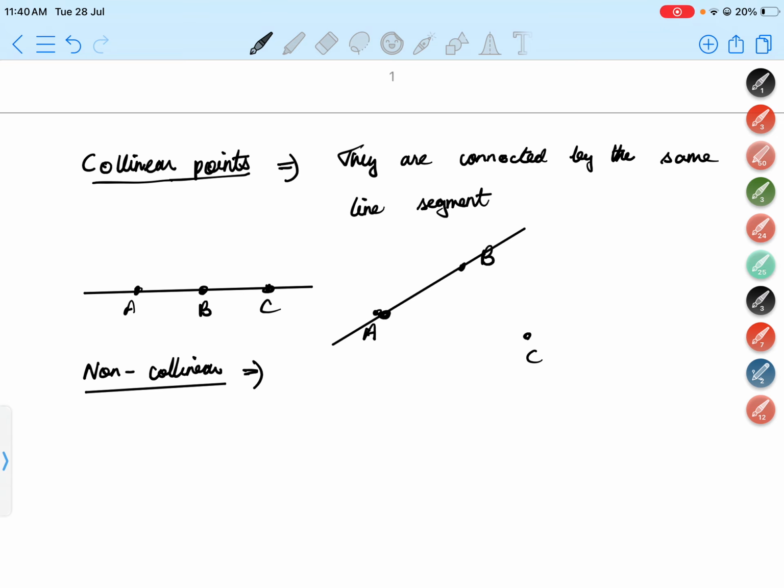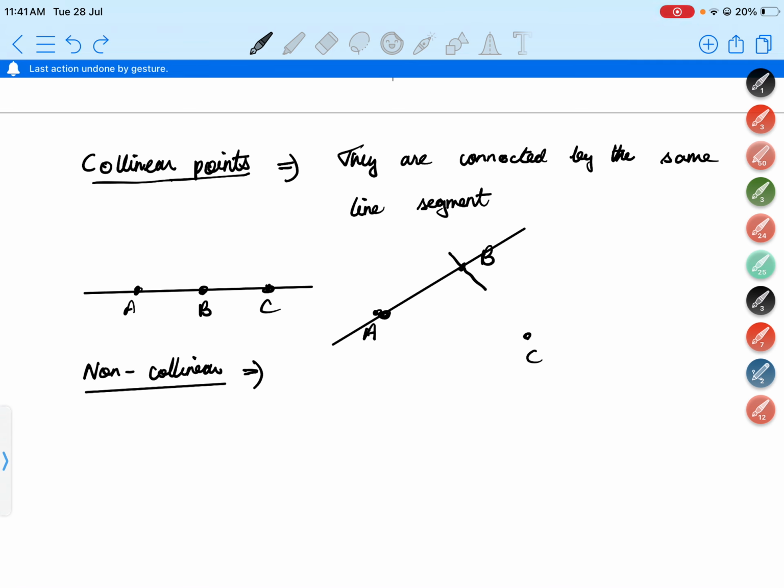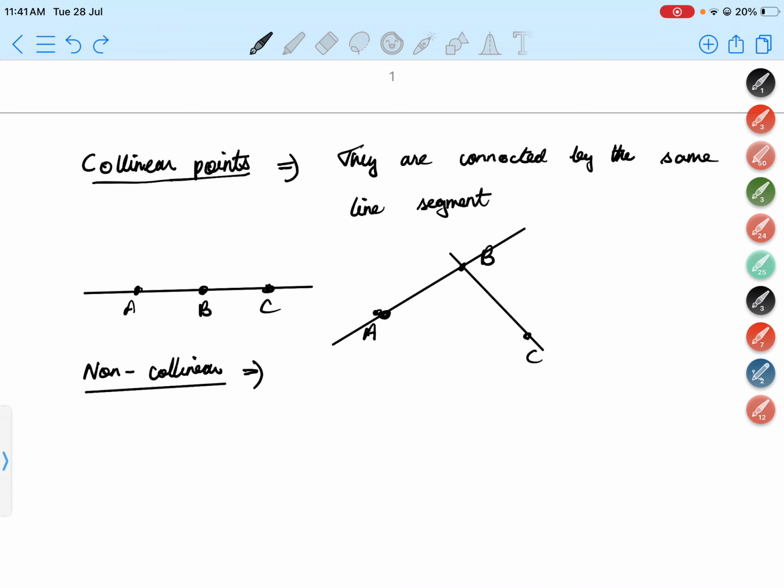So they are non-collinear points because I need a minimum of 2 lines to intersect them. Not 2 actually, I need 3 lines that connect them: B to C, A to B, and then A to C. So these are non-collinear points.